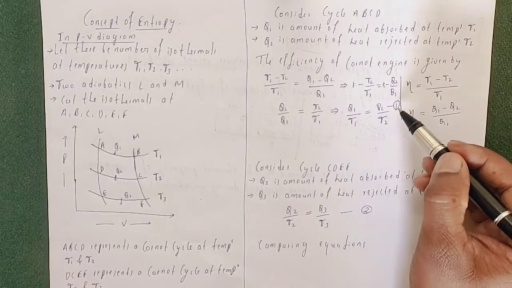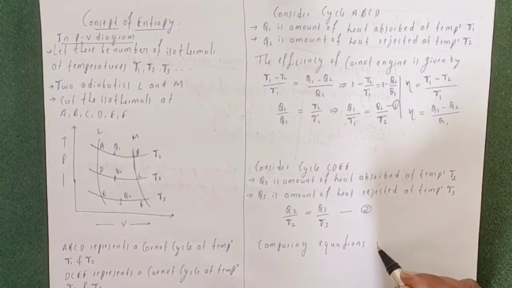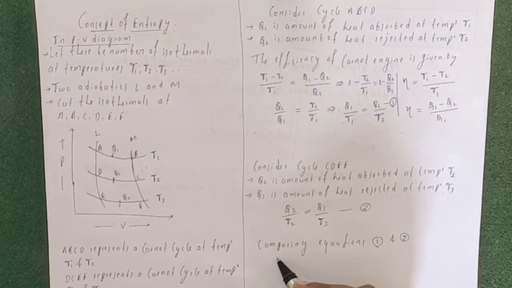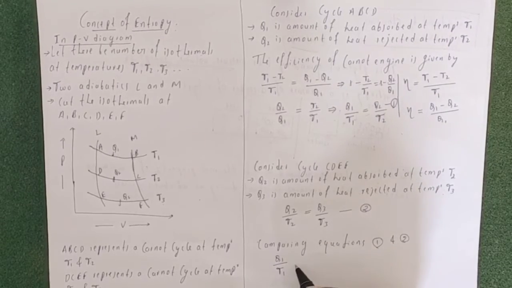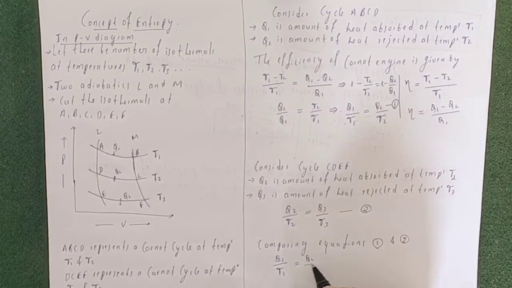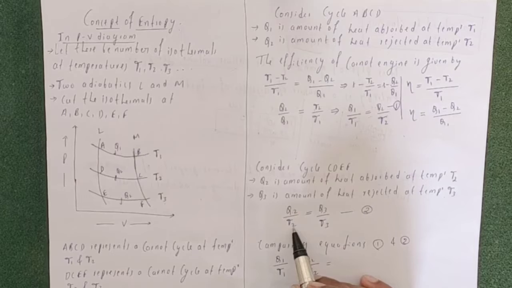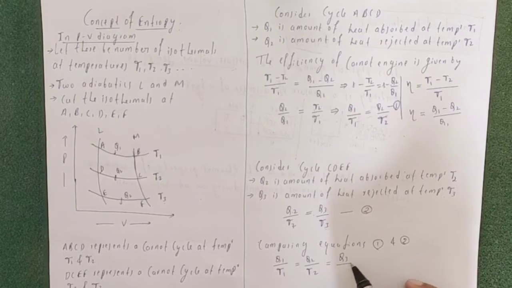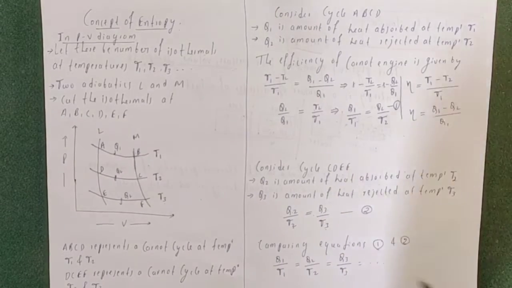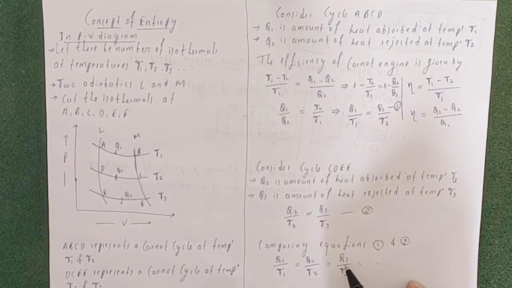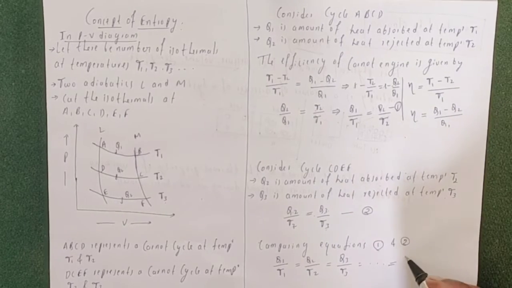Comparing equations 1 and 2, we can write Q1 divided by T1 equals Q2 divided by T2, and from the second equation Q2 divided by T2 equals Q3 divided by T3. If we consider a number of isothermal processes, then Q3 divided by T3 equals Q4 divided by T4, and so on, which is a constant value.